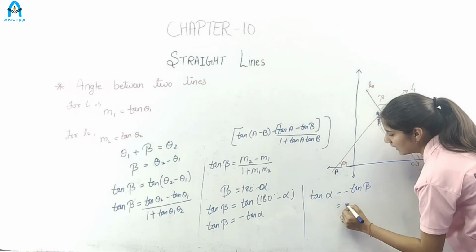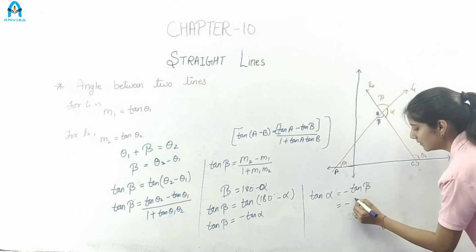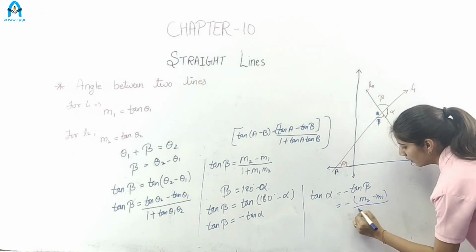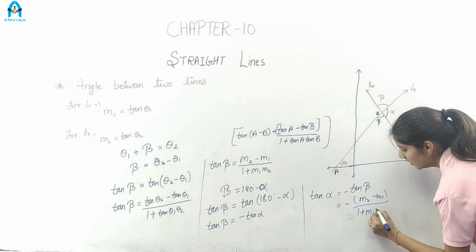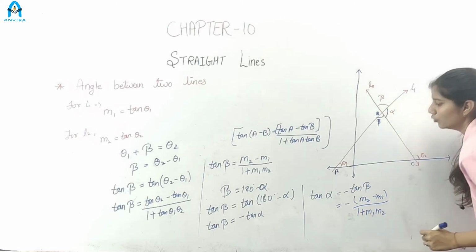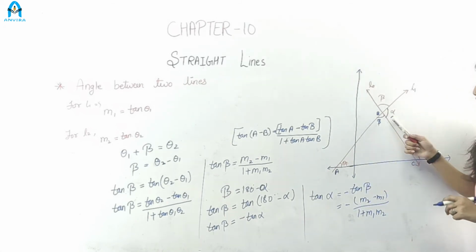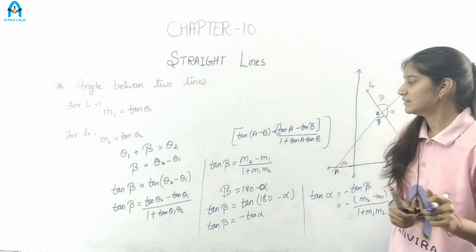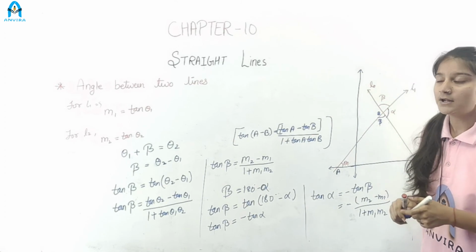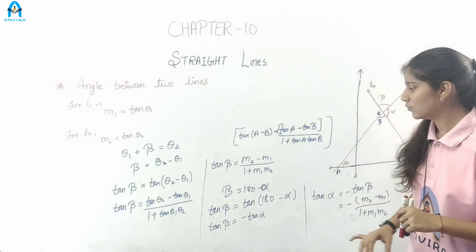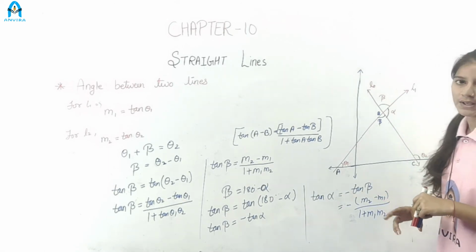And what is the value of tan beta? That is m2 minus m1 upon 1 plus m1 into m2. So here we find the values of tan beta and tan alpha, that is tan of the angle between both the lines. From these formulas, we now conclude two cases.